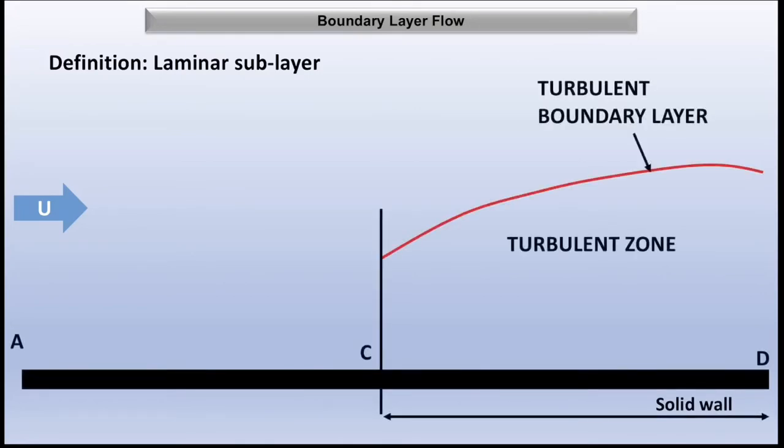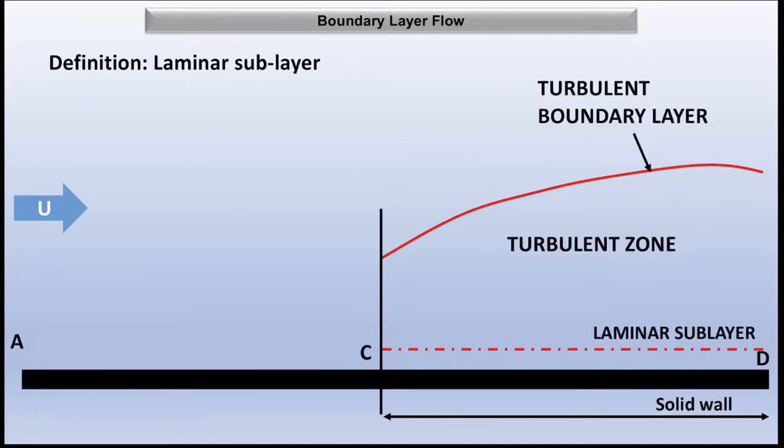So let us see what a laminar sublayer is. Similarly, in the turbulent zone, there is one very thin layer of fluid in which the velocity distribution normally would be parabolic, but since the thickness of this laminar sublayer zone is very small, the velocity variation will be linear in this. I will repeat again.